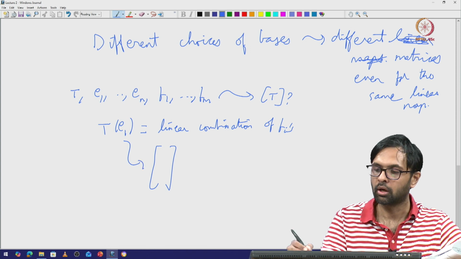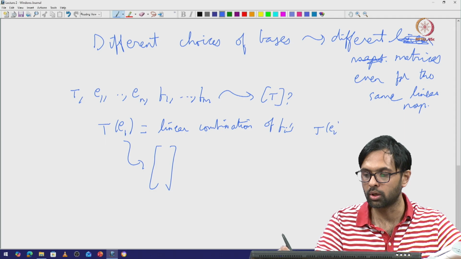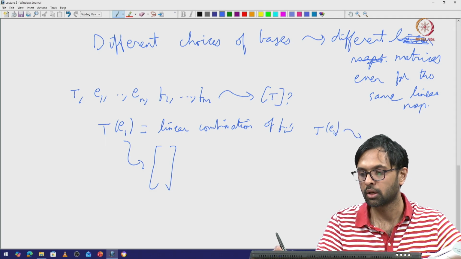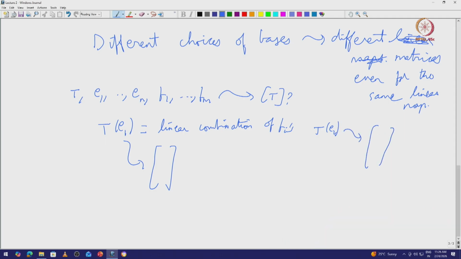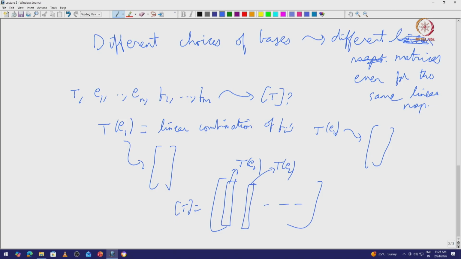Likewise, T of E2 is a linear combination of the Fis, and therefore you can arrange its coefficients as a column vector, and so on. The matrix T is simply the column vector corresponding to T of E1, that's the first column. The column vector corresponding to T of E2 is the second column, and so on. That's the algorithm stated abstractly.